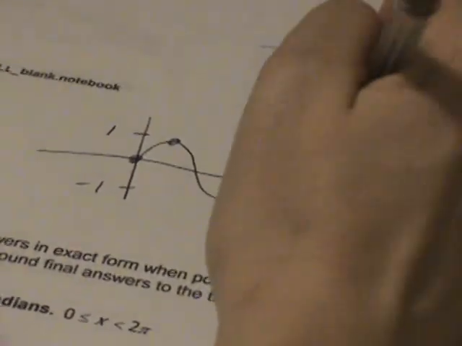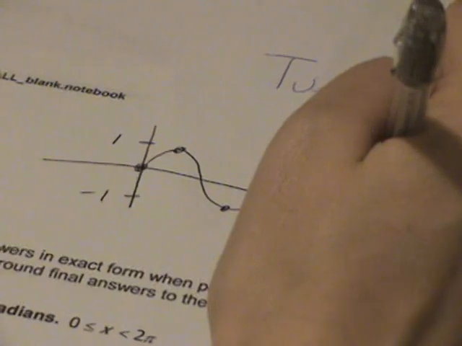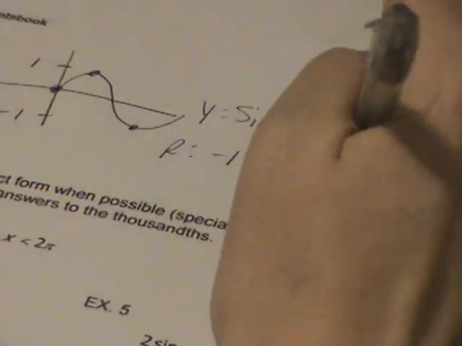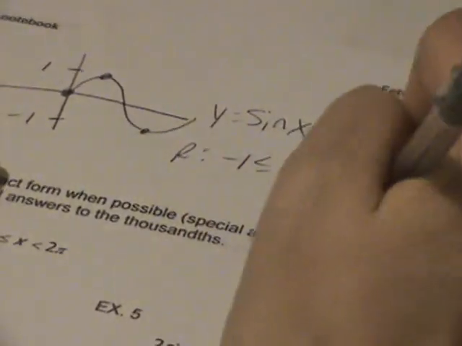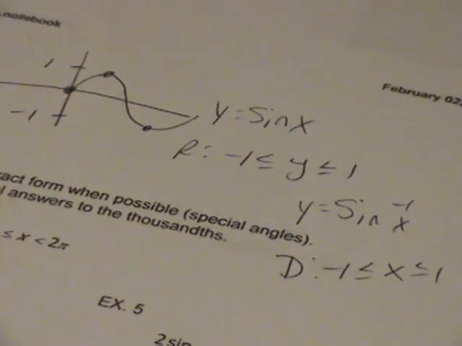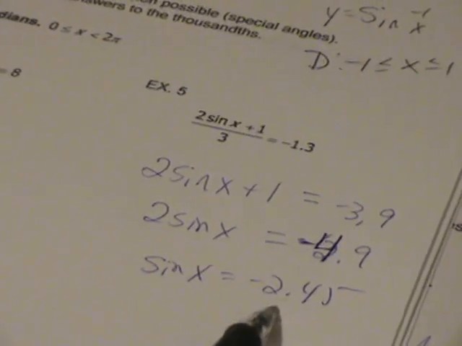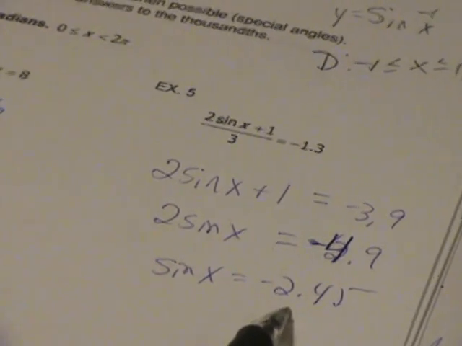So for sine, its range was between negative 1 and positive 1, which means for inverse sine, its domain was between negative 1 and 1. So my values of x have to be between negative 1 and 1. This is too big.